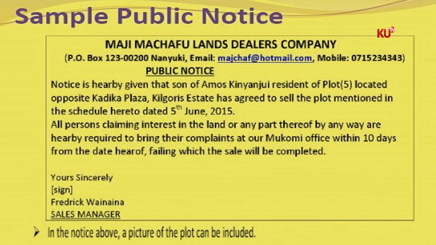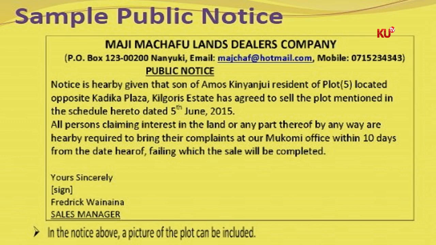That's that sample. That is the public notice. Notice is hereby given that the son of Amos, Kenyanjui, resident of plot 5 located opposite Kandika Plaza, Kilgore, his estate, has agreed to sell the plot mentioned. Just when you have that format, because I will keep on repeating, in functional writings, the format is the key. And then you will sign it, and you are sincerely Frederick Wainaina, the sales manager. That is the public notice.